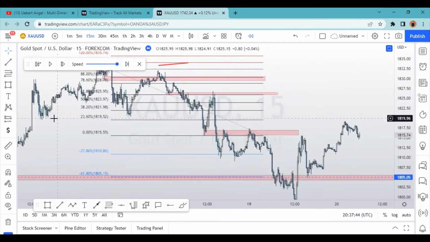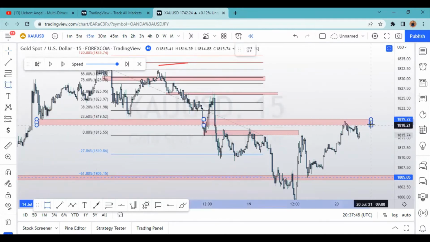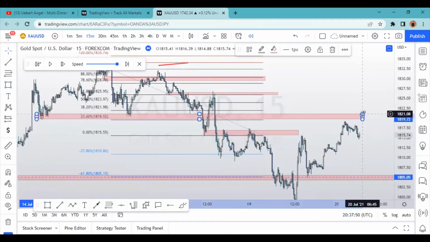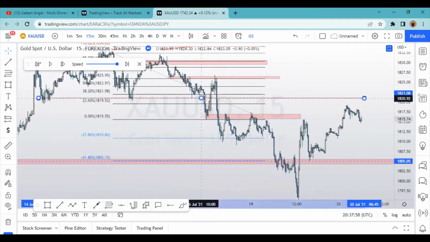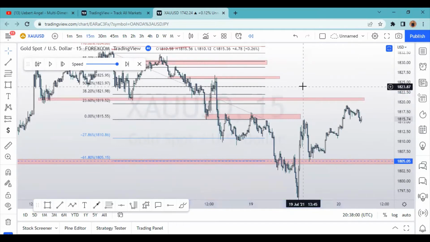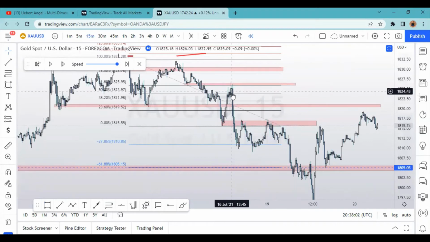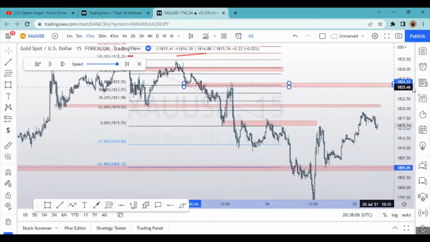We had this entire zone here, which is like a 1 hour area, if I look at it, that never got retested. Okay, and even this area that got tested, price can still come back to it.